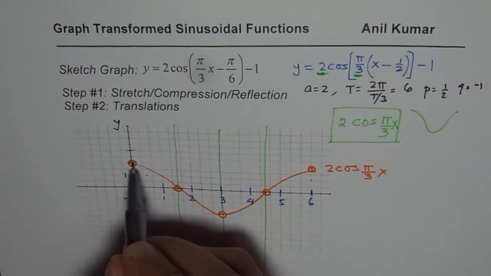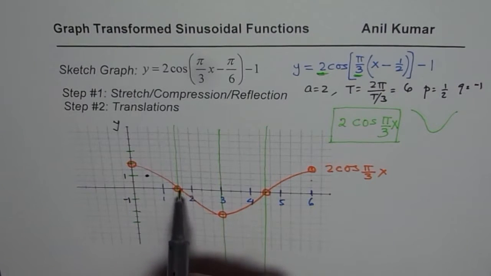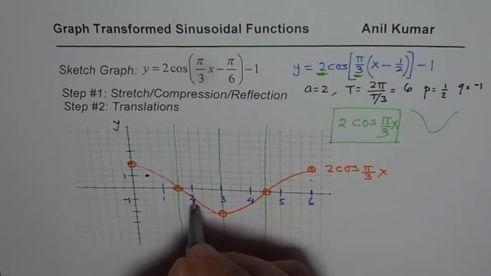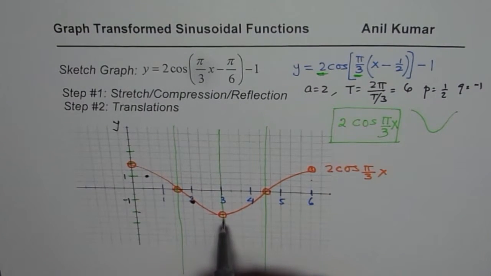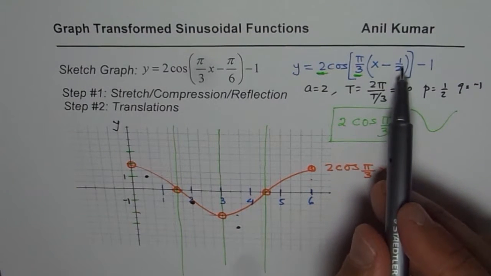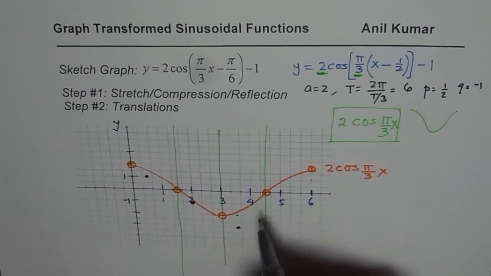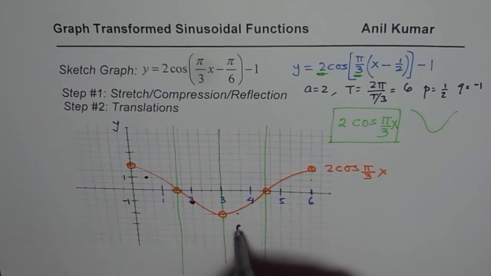So that point will translate to this point. Do you understand? So here 1.5 and 1 down will bring it here. This point 1.5 and 1 down. And when I say 1.5, it is actually half unit, right? So half is 1.5 on a scale, right? So that is half unit right and 1 down.